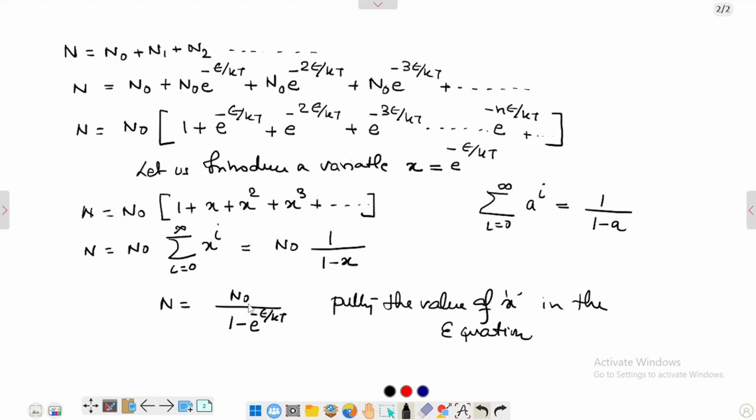Similarly, I can write down the equation of energy in a similar form. So I will take the energy now. What was my total energy? The total energy is given as E equal to 0 plus, first one gives me epsilon N0 e to the power minus epsilon by kT.